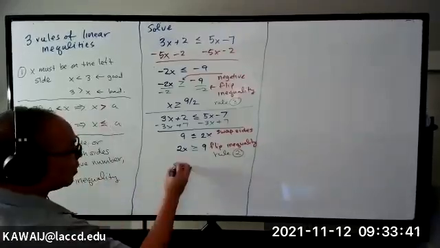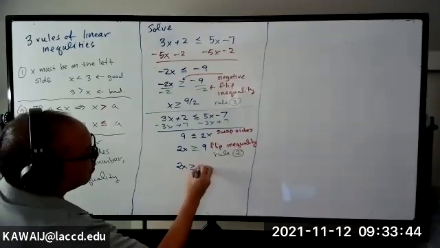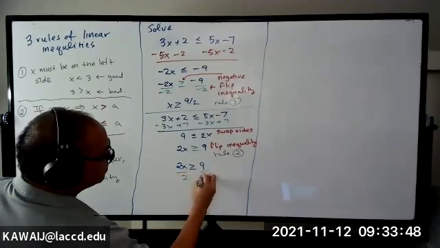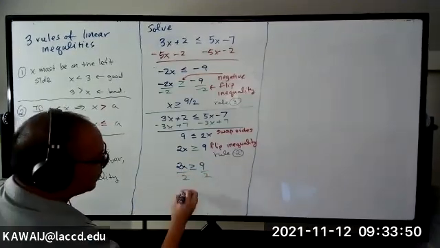Now over here, I'm dividing both sides by a positive number, so we don't flip.